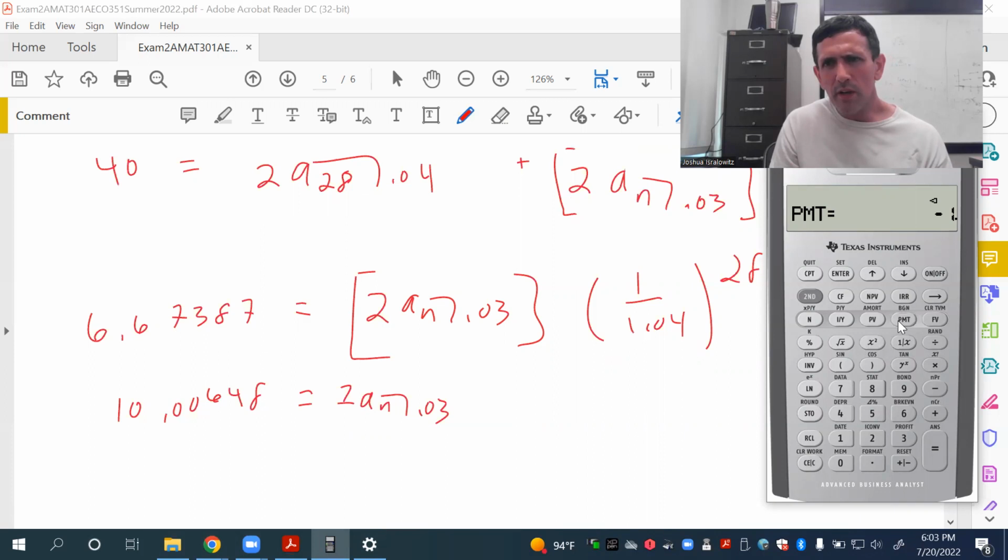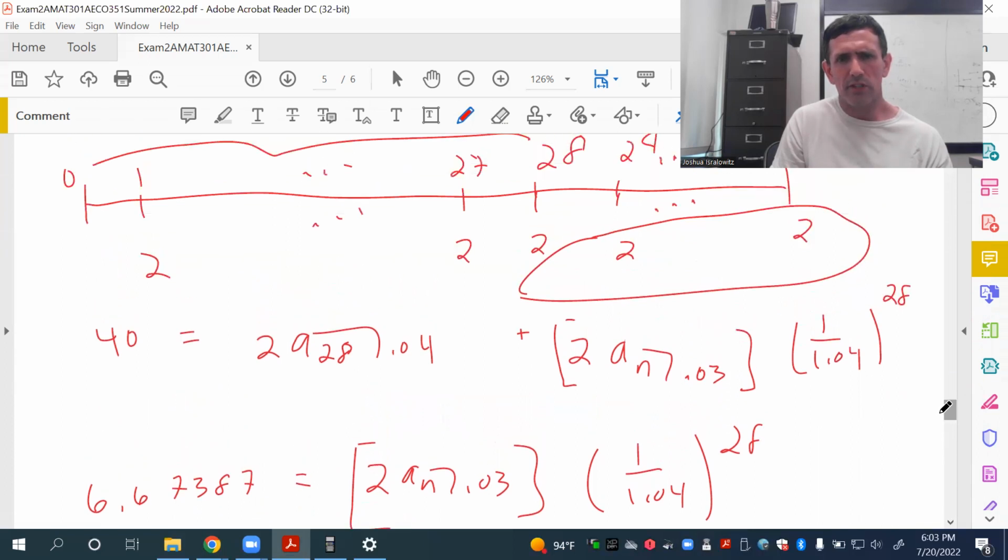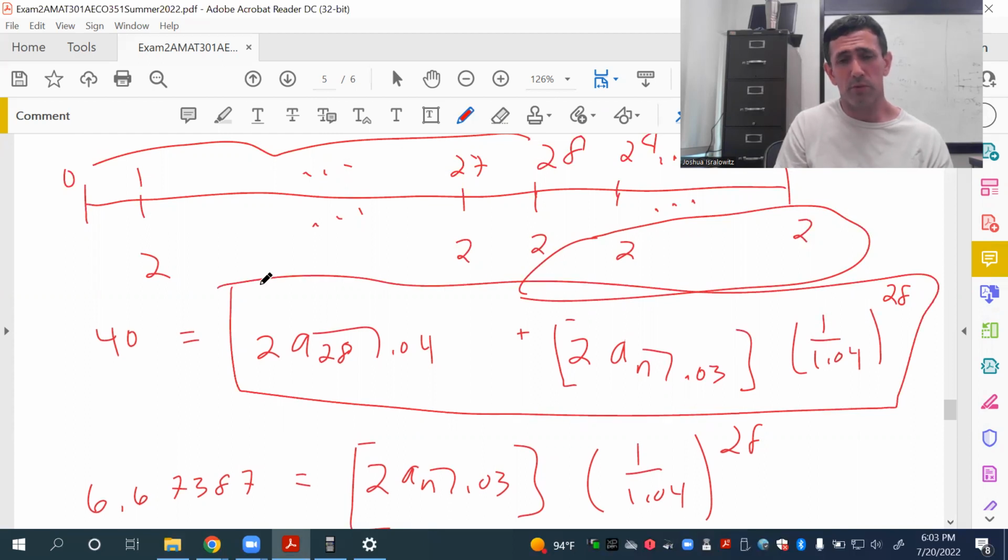So anyway, payment, 3, interest, compute, n. It's 12 point something, so I'm going to round up, n is 13. I won't do it, but you can plug in 12 and see that you get less than 40. If you plug in n equals 13, you get more than 40.